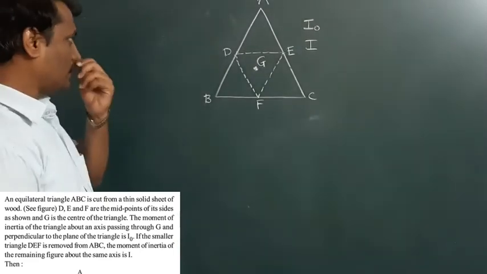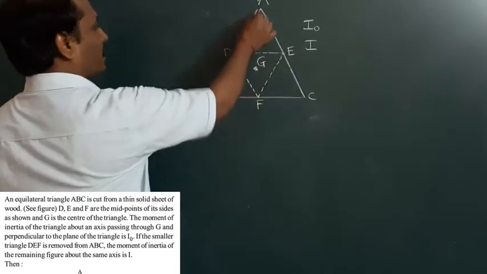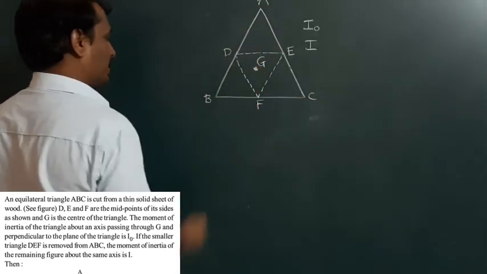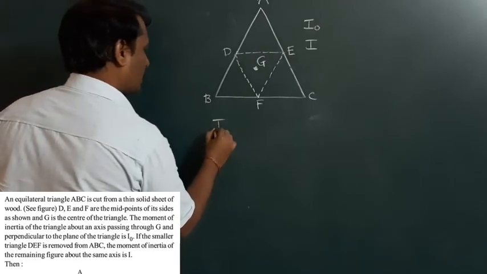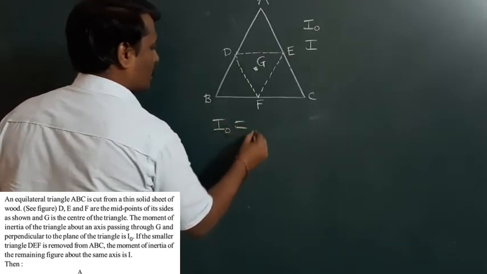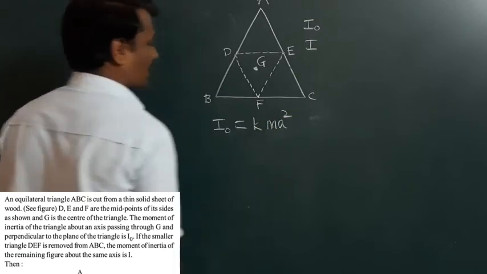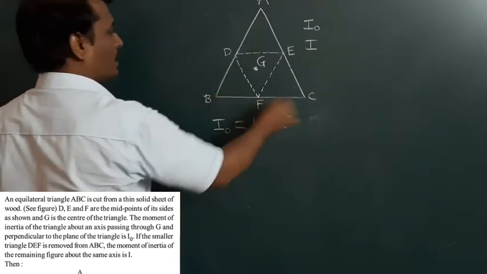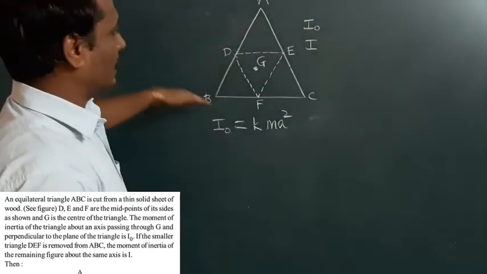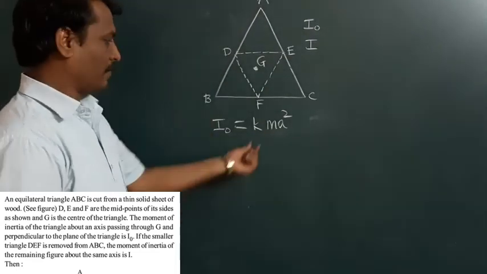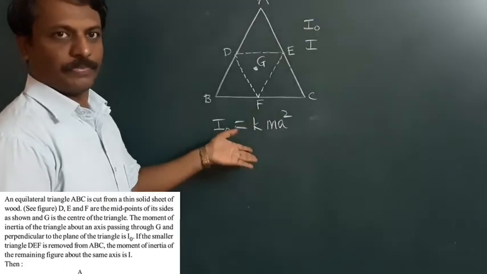First we will write the moment of inertia for this triangle ABC about an axis through G. I will write it as I naught, equal to K M A square, where A is the side of the triangle. Let us assume the side of the triangle is A. Here K is any constant.